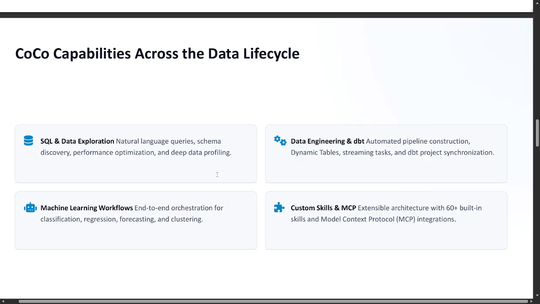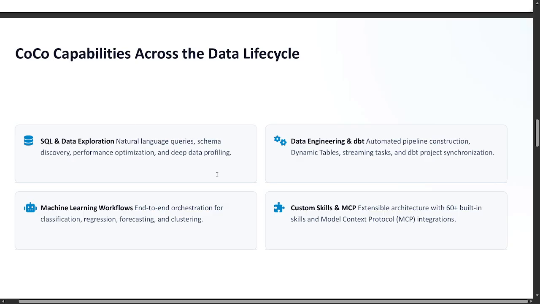It performs natural language query, schema discovery, performance tuning, and deep data profiling. The second capability is that it will help you in data engineering and dbt as well. For example, it will build automated data pipelines, manage dynamic tables, configure streaming tasks, and synchronize your dbt project as well.